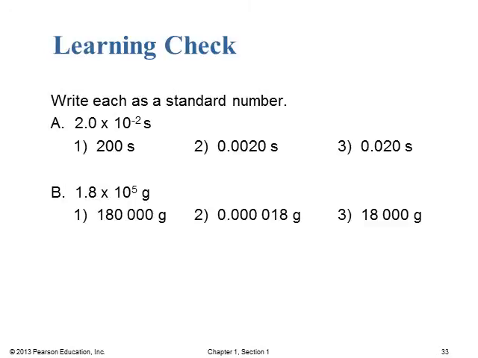We have a negative exponent, and so, since we're going in the opposite direction, we should move our decimal to the left, since we should have a small number, and we should move it 2 places to the left. And so we should have 0.020.